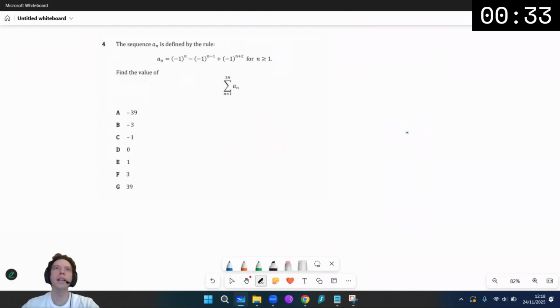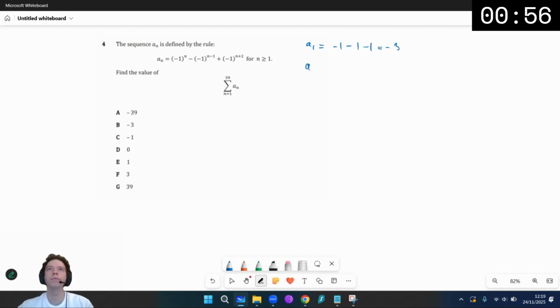Let's have a little exploration, starting with a_1. So a_1 will be (-1)^1, which is -1, minus (-1)^(n-1), so that'll be minus +1. And then n+2 will also be odd, it'll be 3, so that's -1 again.